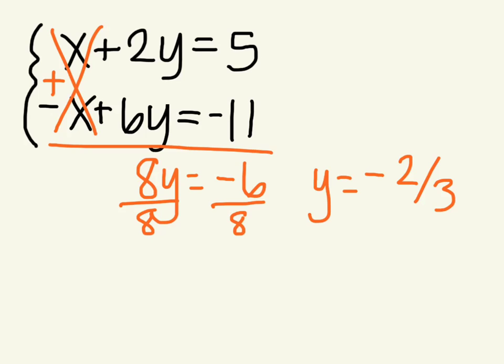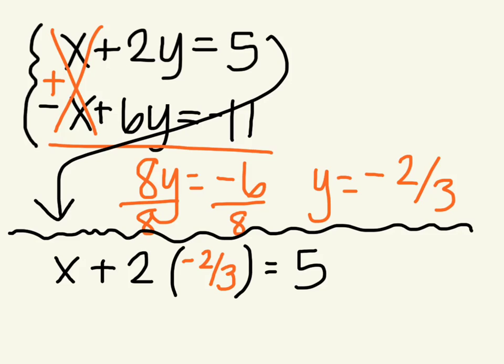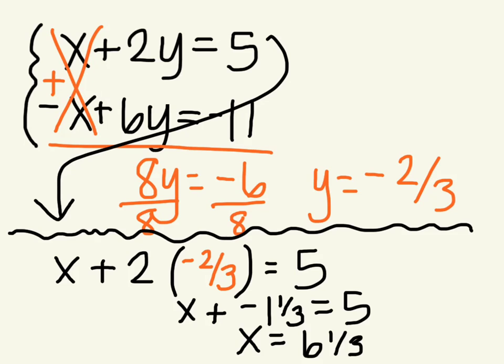My 5th step is then to go back and choose one of the equations and then plug in this value of y into the equation to find my x variable. I've chosen my first equation and I've plugged in negative 2/3 for y. So I'm going to go on through and solve for the value of x. My value of x is 6 1/3.